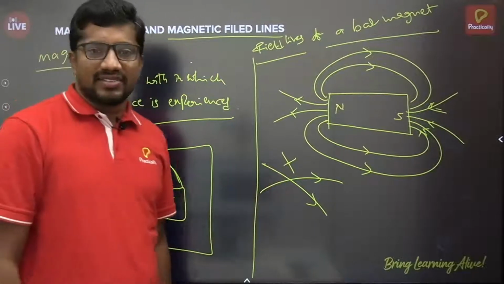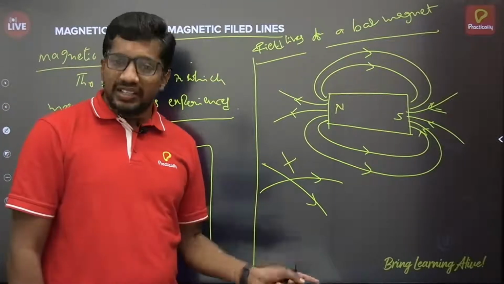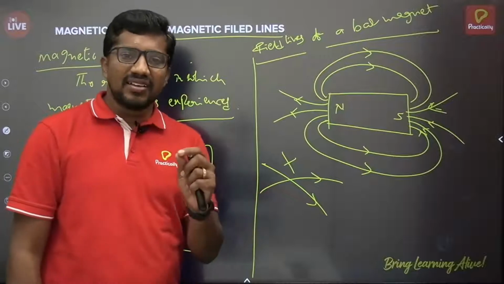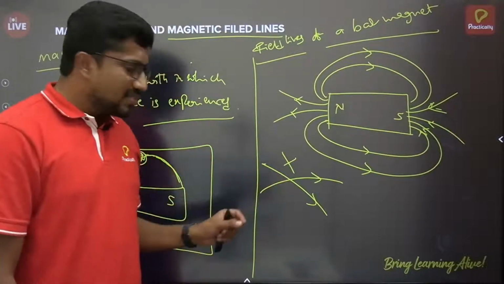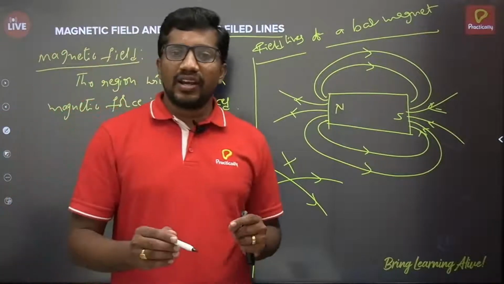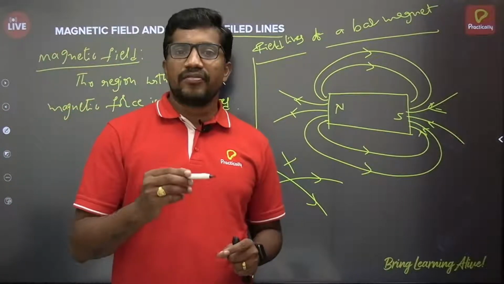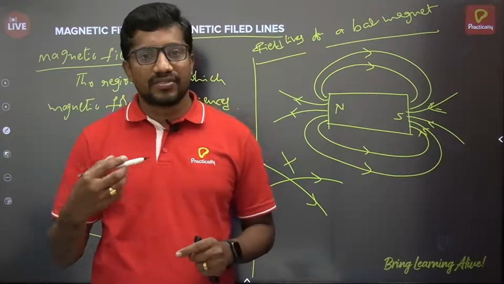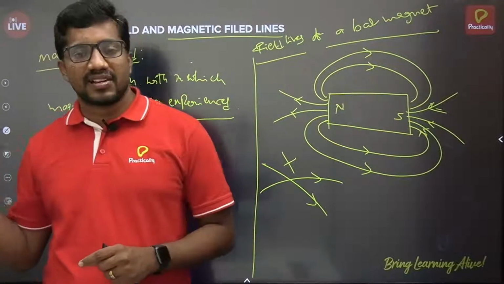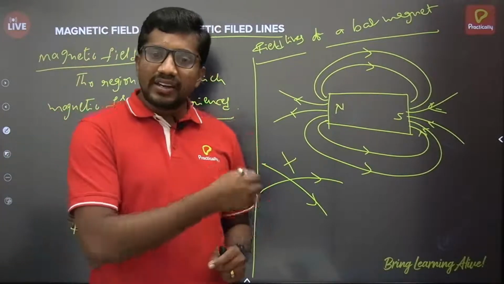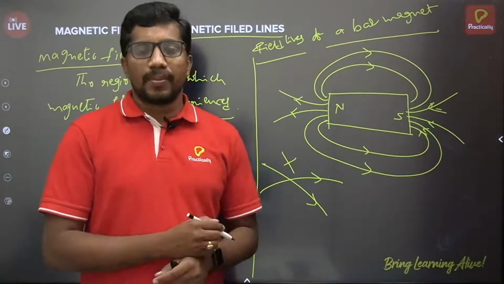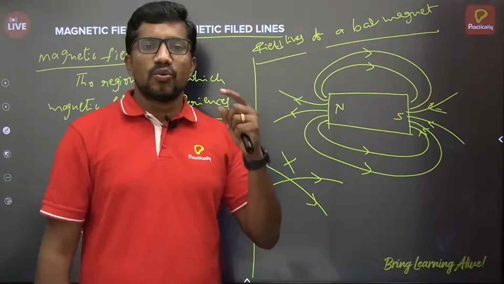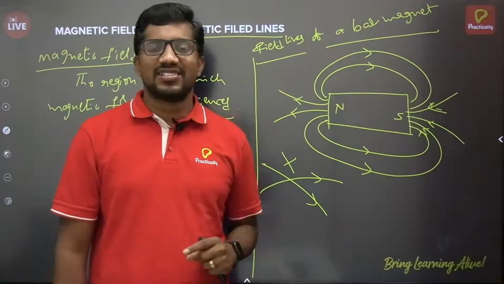What will happen if they intersect? See here, a simple and important explanation is there. Basically, magnetic field is a vector quantity. Among physical quantities we have classifications like vectors, scalars, tensors. This magnetic field belongs to the vector quantity. That means it will possess only one direction at one single instant.